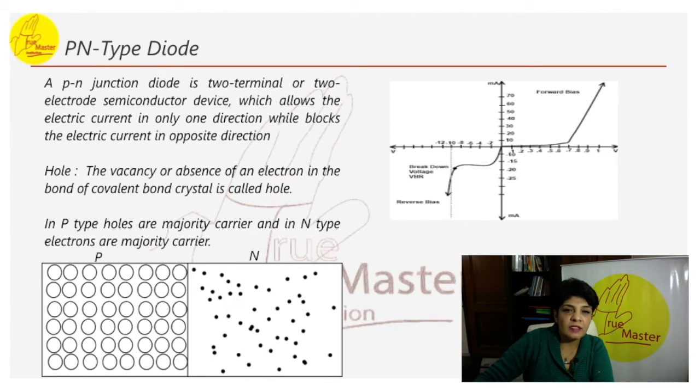If you see, the rings represent the holes, and in n-type, the dots represent the electrons. So electrons are the majority carriers, as we notice in this picture. The graph here shows the forward biasing and reverse biasing, which we are going to discuss further in the coming video.